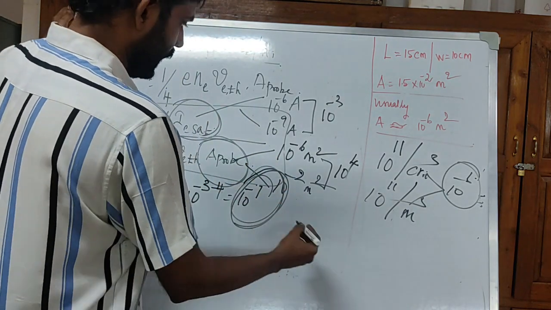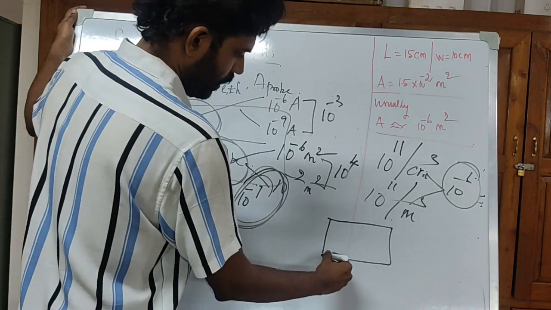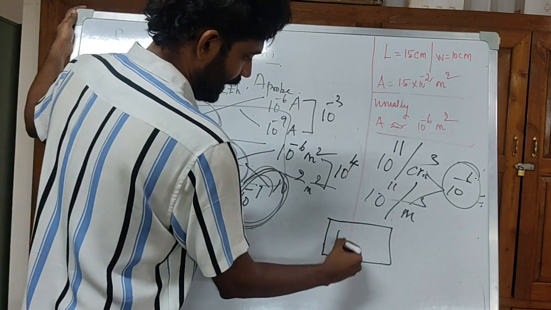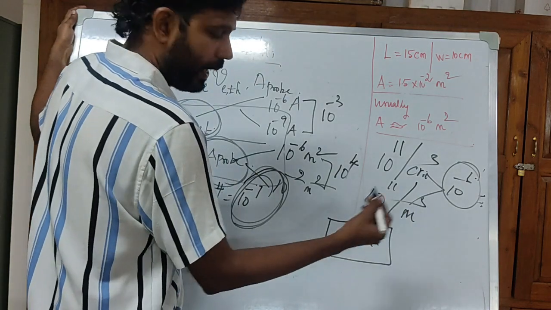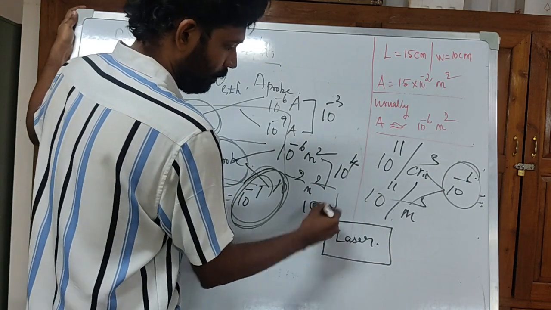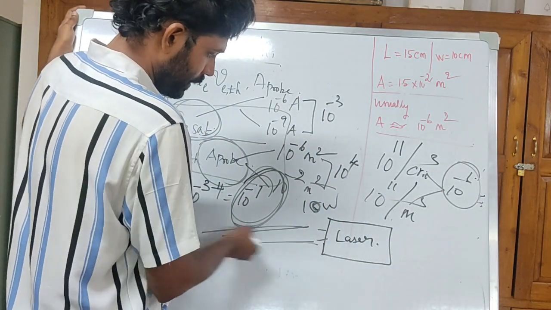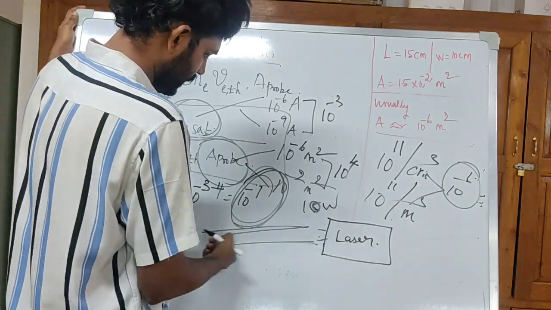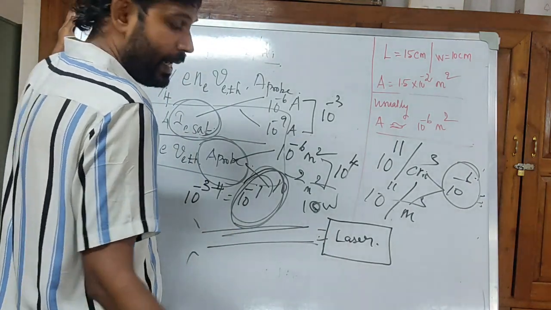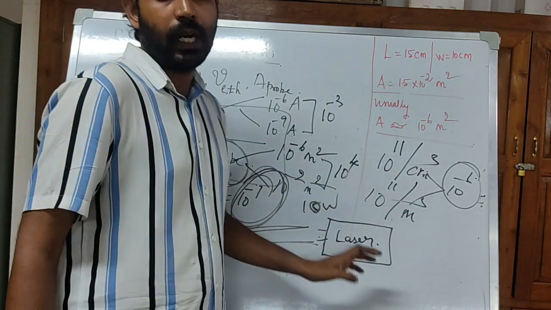It's very simple. Say we have a laser source giving out 5 watts or 10 watts of power. I am using an optical fiber to transmit this light, and it is coming out. Let's say it's giving out only 5 watts.